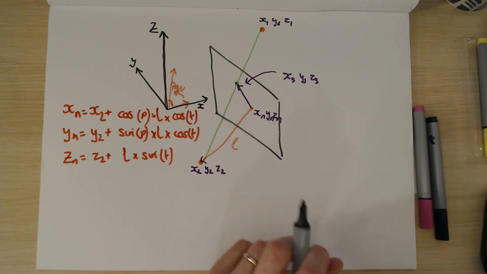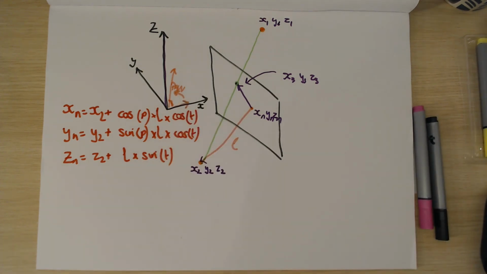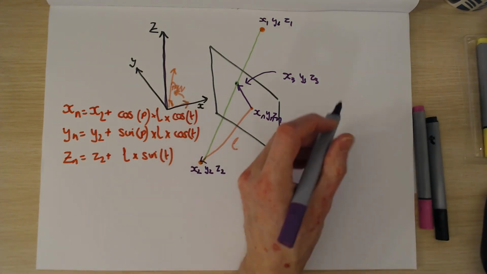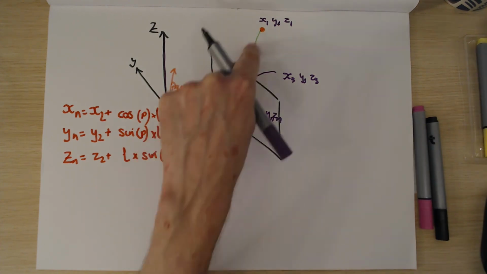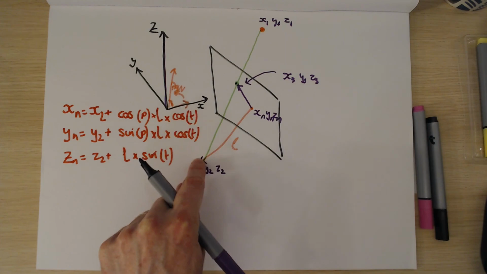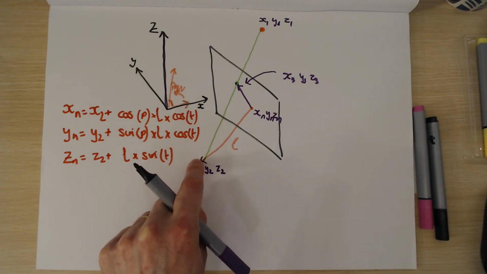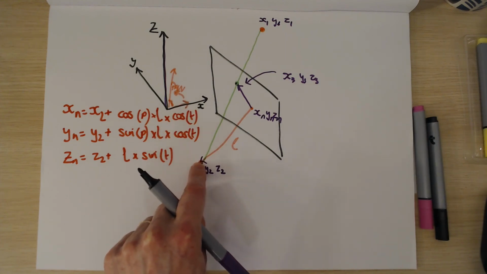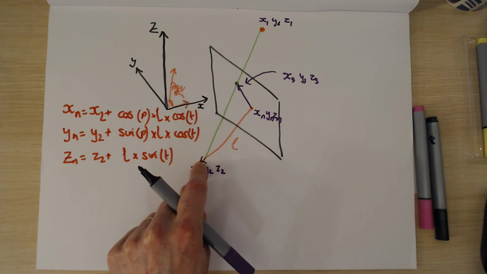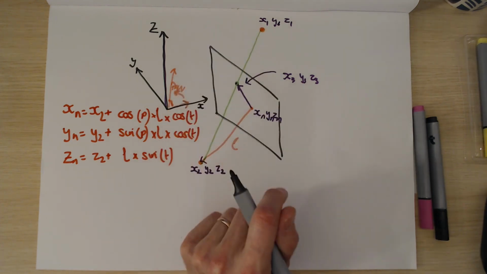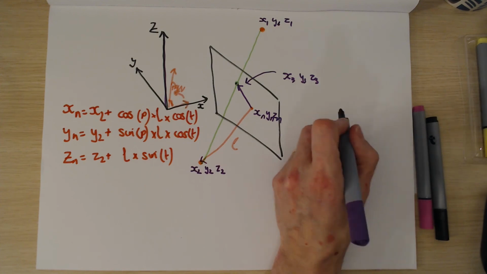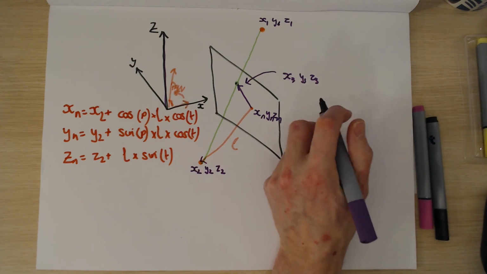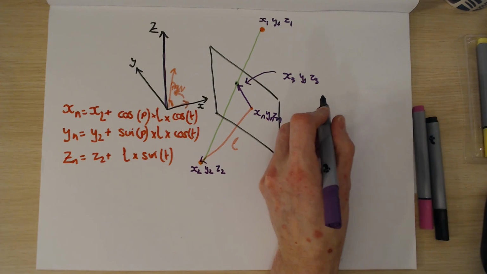Let's do this line here in purple on the other side. We know that this point lies, well, if we're going to display it on the screen, this point lies somewhere between here and here. So that's actually very easy to write down mathematically.